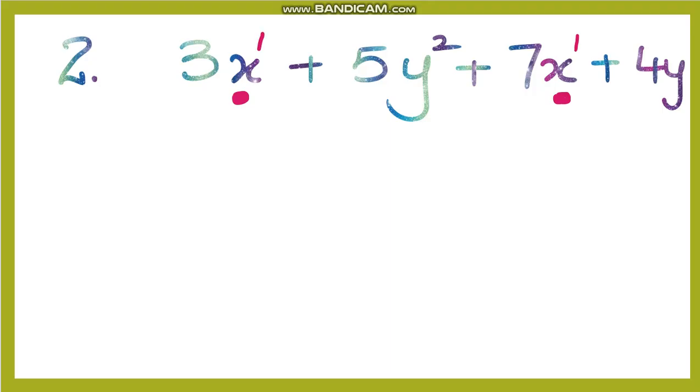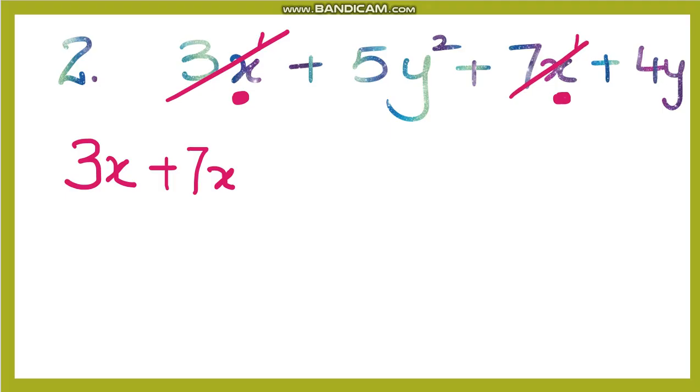That means these are like terms. So I am going to bring both of these like terms close to each other. 3x plus 7x. These two terms have been taken care of. I can cancel them. Why do we usually cancel? Just to ensure that we don't miss anything. This helps us remember that these two terms have been taken care of.